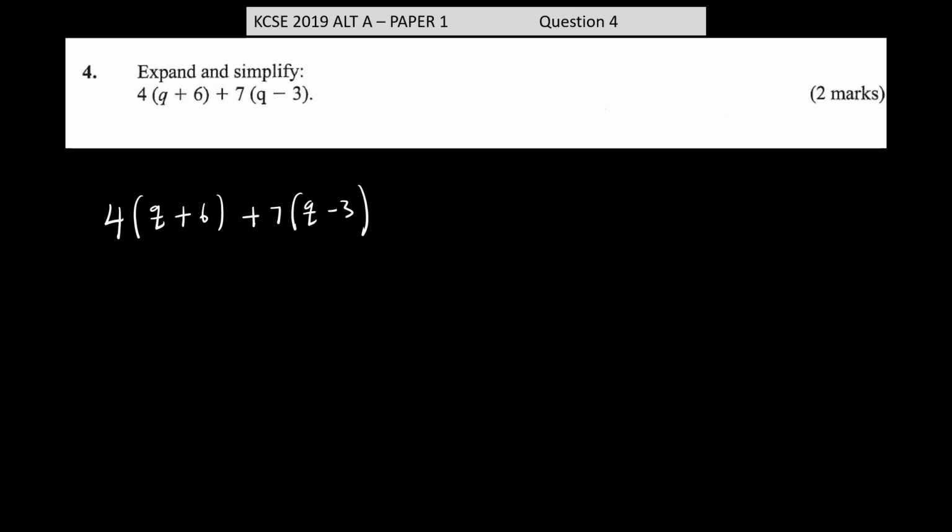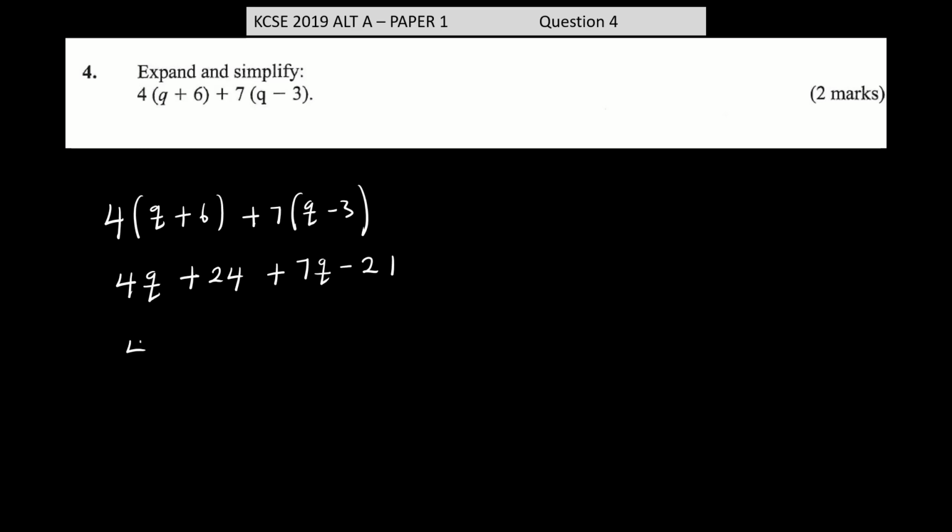We expand this bracket and the other bracket. 4 times q is 4q plus 4 times 6 is 24 plus 7 times q is 7q minus 7 times 3 is 21. Now we collect like terms. We carry q and q together and the numbers 24 and 21 together.